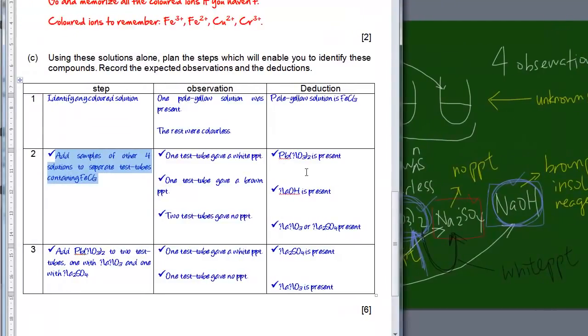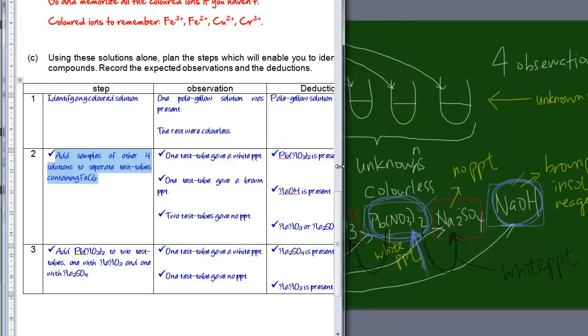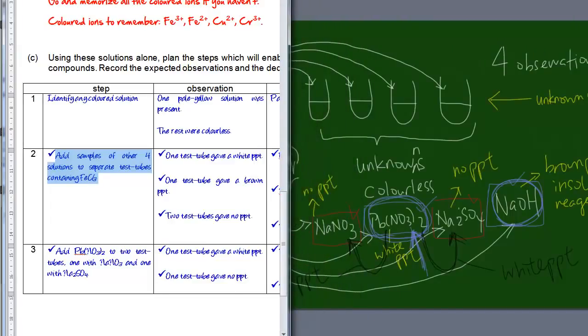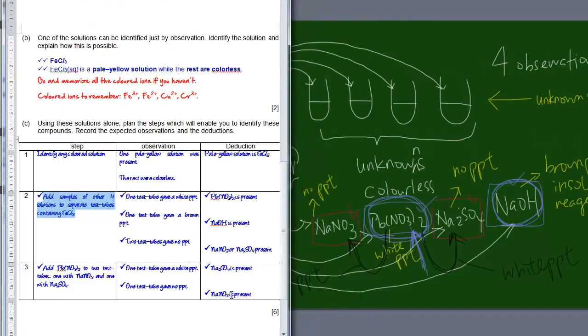If one tube gives a white PPT, it will be PbNO3. If one tube gives a brown PPT, it will be NaOH. For the 2 tubes that give no PPT, it would be either NaNO3 or Na2SO4.